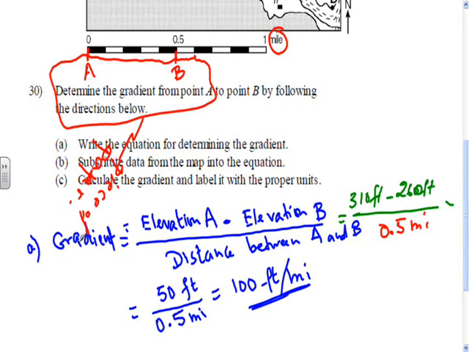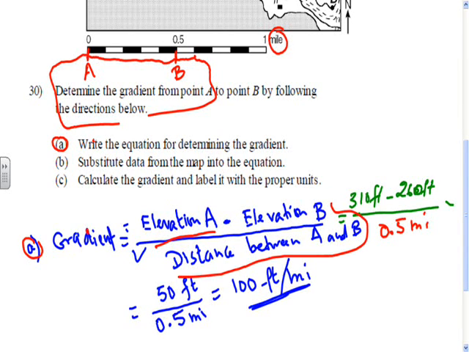So you've done A, which is the formula right here. And B, substitute the data from the map into the equation, which means you put the numbers.